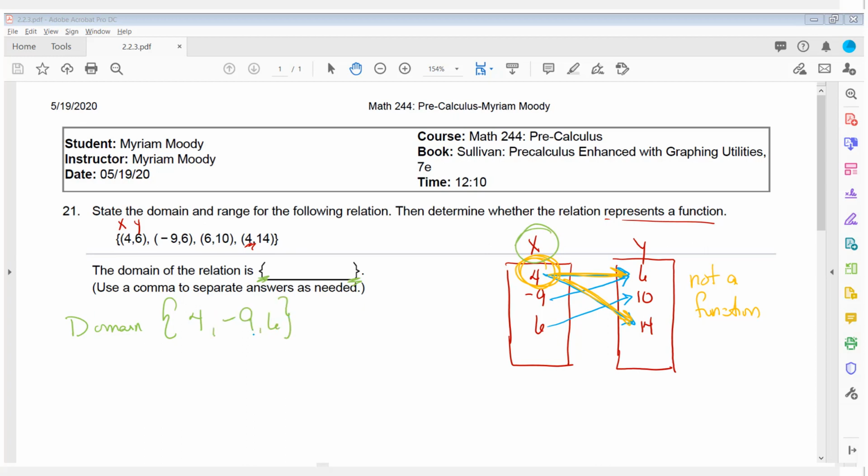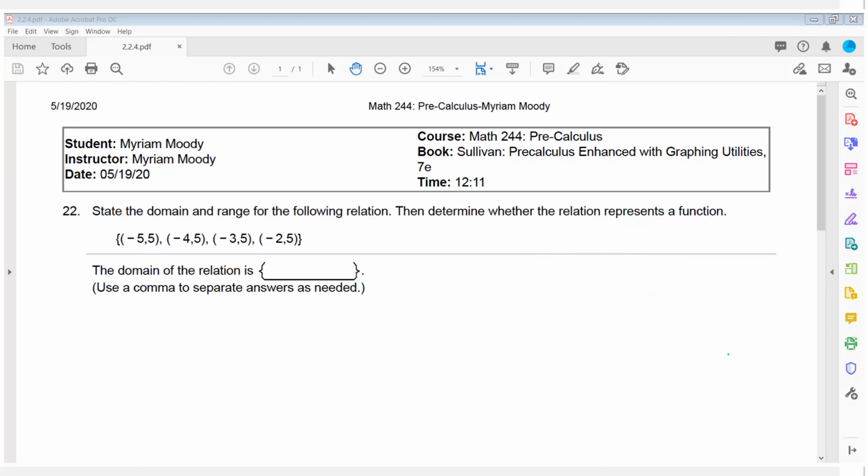And sometimes they would like these numbers in numerical order, so just watch their directions. Here they didn't really say, so I'm not going to be too concerned. And the range is the outputs, yes? Okay, well I have the outputs. They're right here. Those are the y's. So we have 6, 10, and 14. Cool? Loving it. All right, let's check out another one.